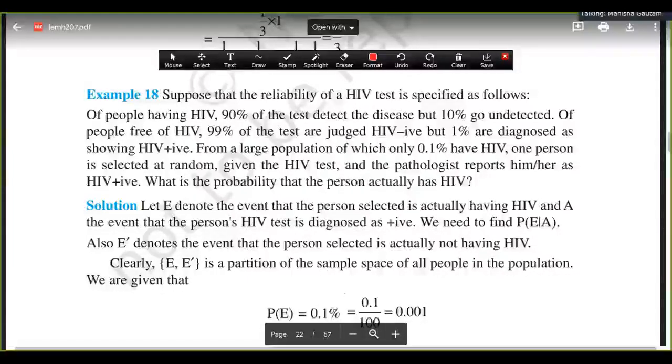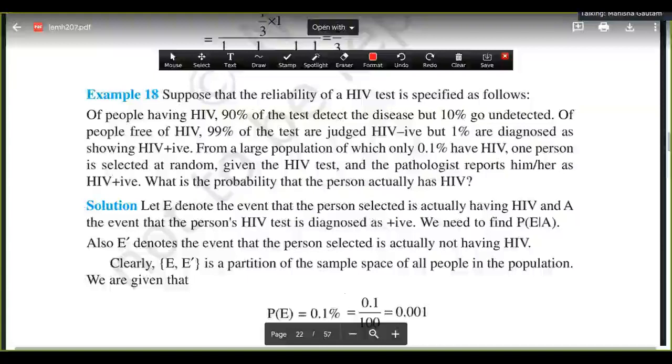They have the disease and are diagnosed as having HIV, but they don't have the disease, even then sometimes it is diagnosed that they have the disease. Now you have to just write down the values given to you. One case is when the person goes to the lab, has HIV and is diagnosed HIV. The second case is a person who doesn't have HIV but is diagnosed as HIV.